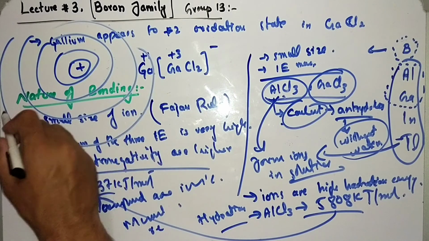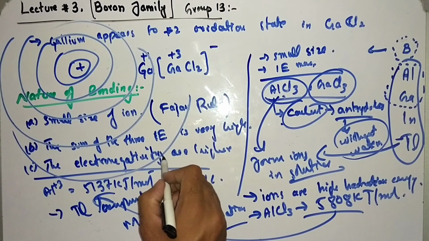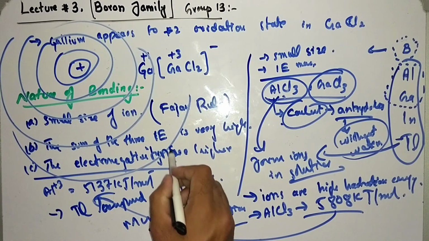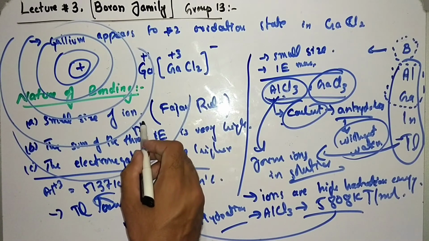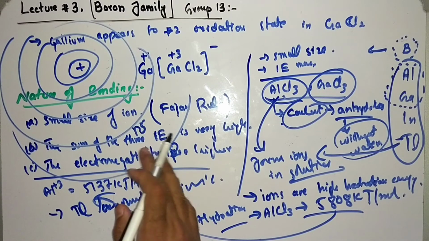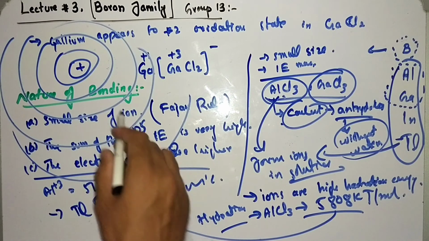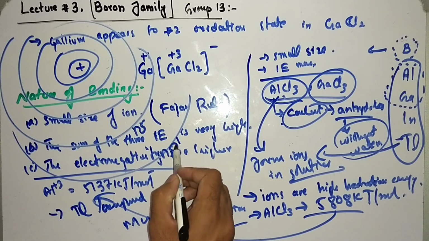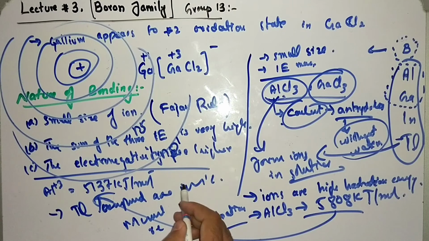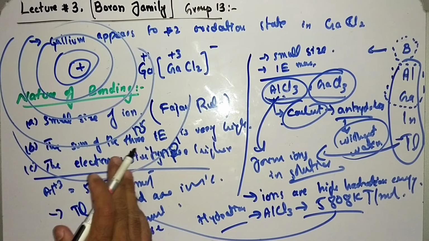So here, let's suppose this is the ns electron and that is the np electron. Removal of the ns electron is very difficult due to the inert pair effect, as I already told you, because it is strongly held by the nucleus. While for the np electron, where one electron is present, the size is much larger.